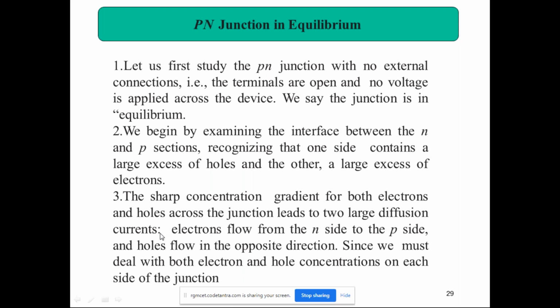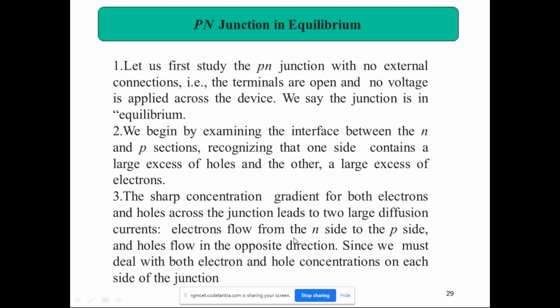diffusion currents. Okay. Due to concentration gradients, diffusion current flows. The first current which flows through the junction point is diffusion. Why? Because one side has more electrons, on the other side fewer electrons. Coming to the P side, more holes, fewer electrons.